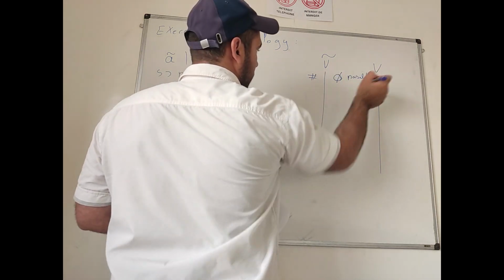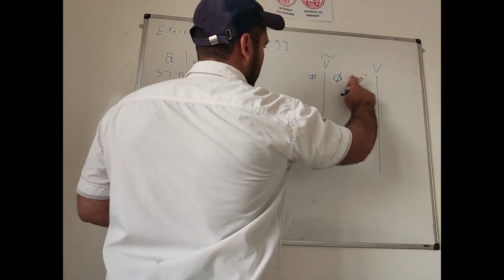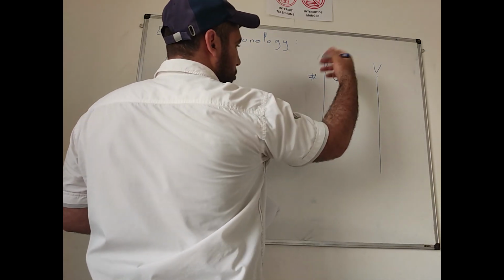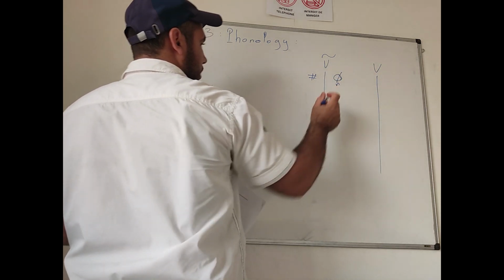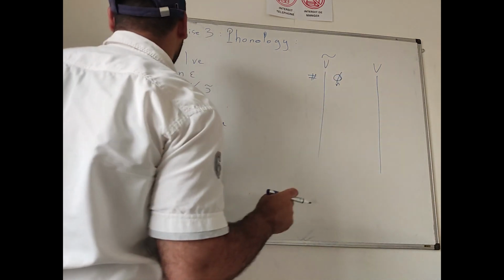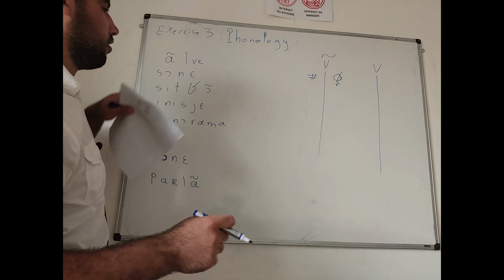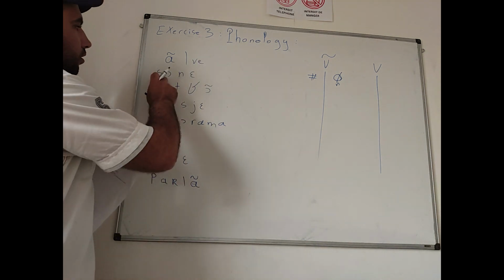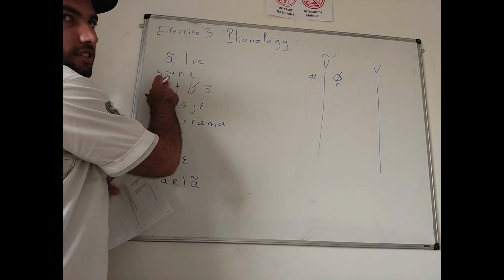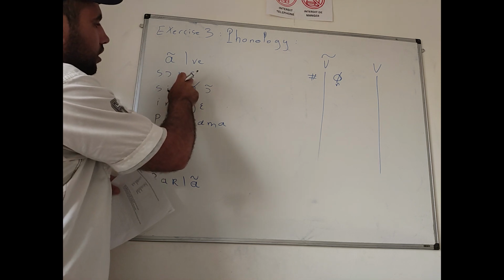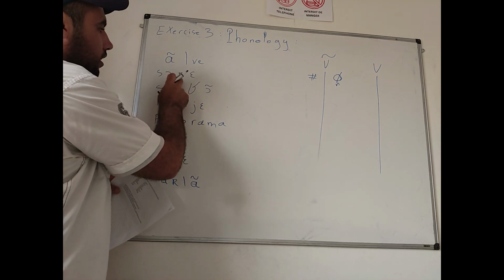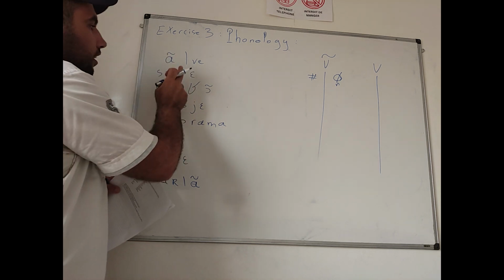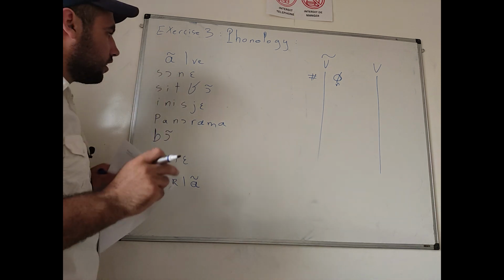Then the L sound. Let's represent the nasal with the N sound. Deleted nasal. Sonne, which is to phone someone. Here the vowel is not nasalized, because the nasal is still articulated.